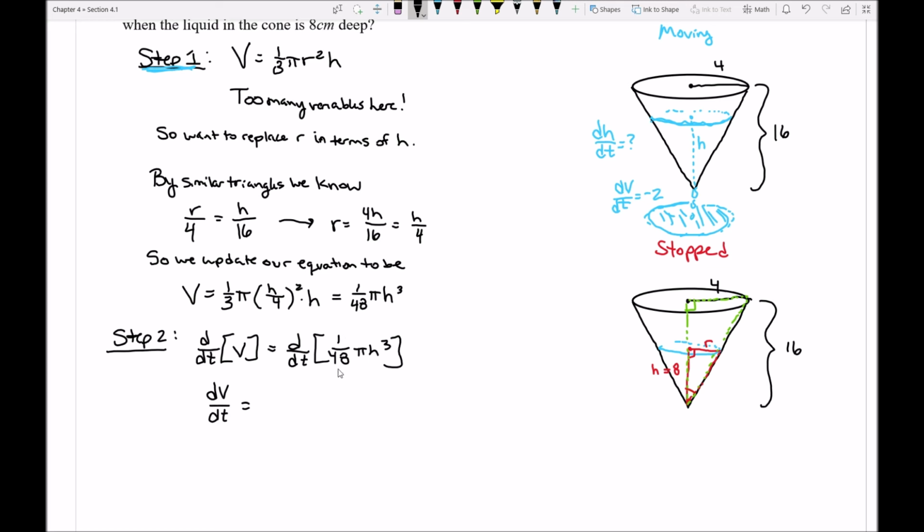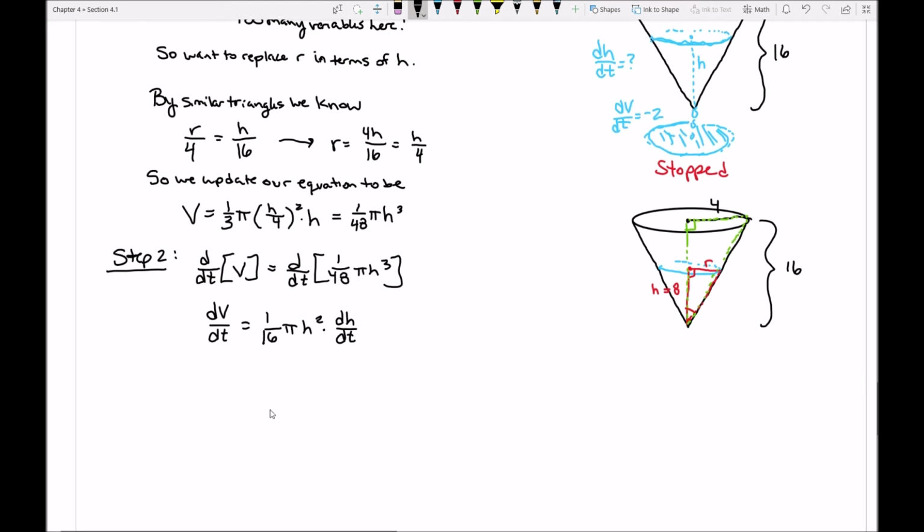When I take 3 over 48, that's going to simplify actually to 1/16, and then I'm going to have pi h squared, and then chain rule, derivative of the h, which would be dh dt. So now I can think about what's going to be happening in step 3 when I actually move to my stopped picture. So in here, I can realize that my dv dt is -2. I can see that my value of h in this picture right now is going to be 8, and dh dt is unknown, which is totally fine, because that's what I'm looking for.